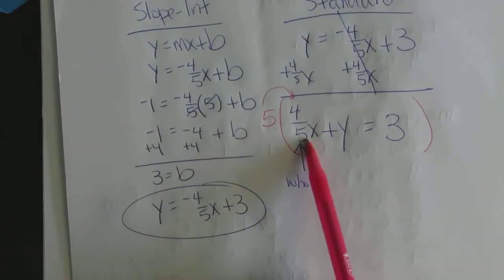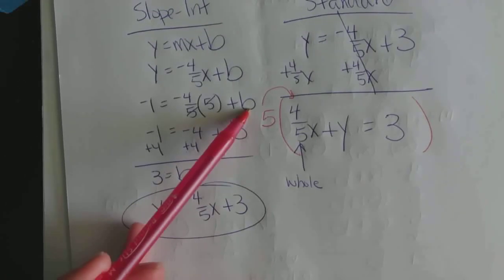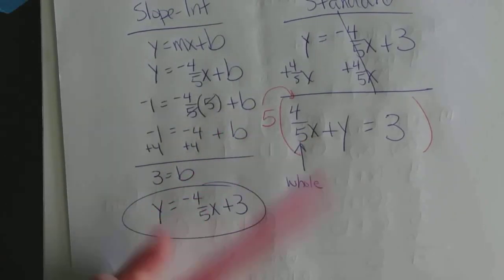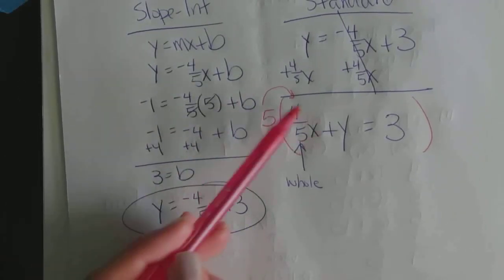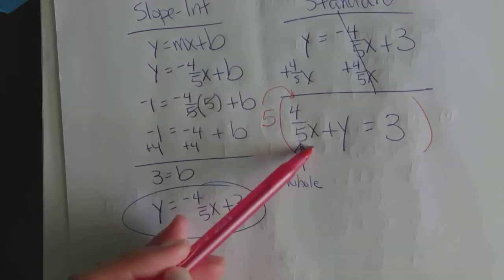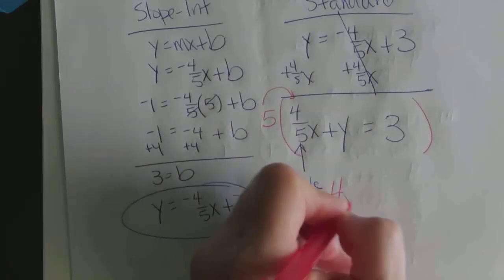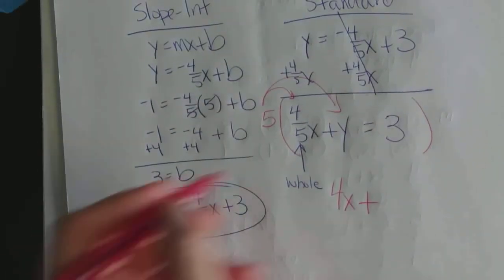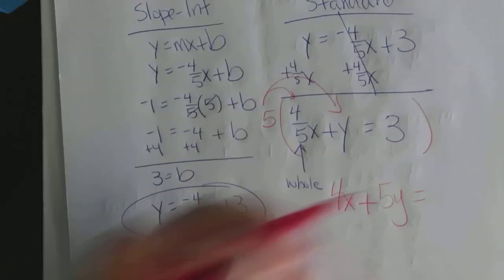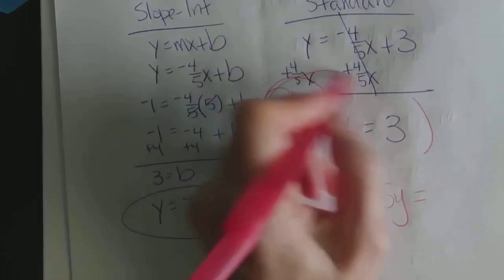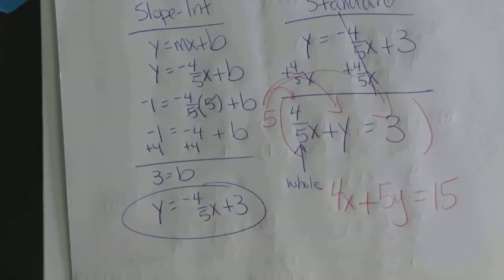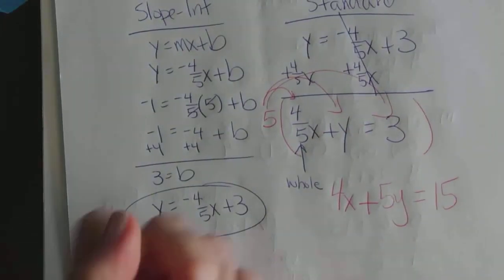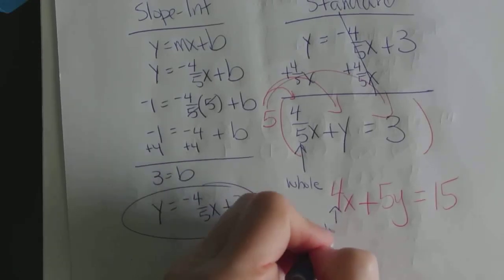That way, when I distribute 5 times 4 over 5, these knock out, and I'm just left with 4x. You could say 5 times 4 is 20, 20 divided by 5 is 4. So 4x plus 5 times y, 5y, equals 5 times 3, 15.